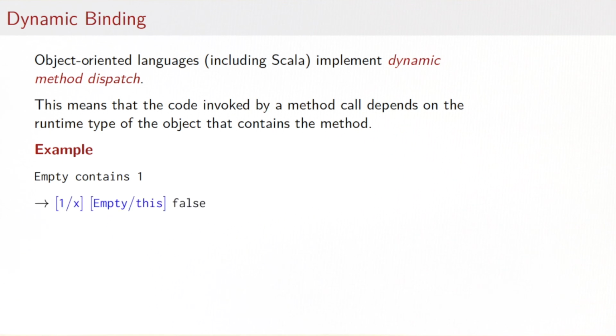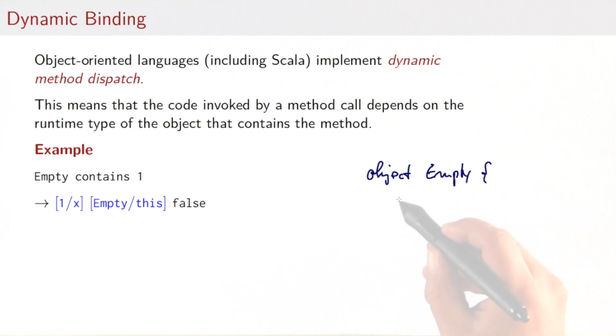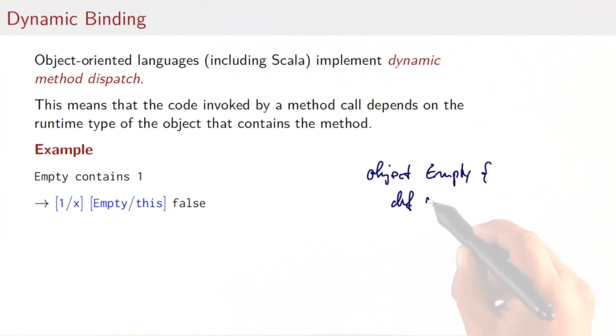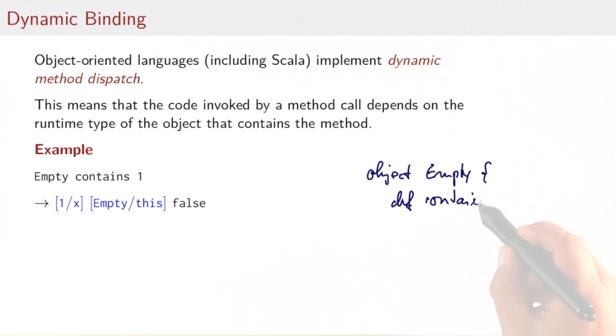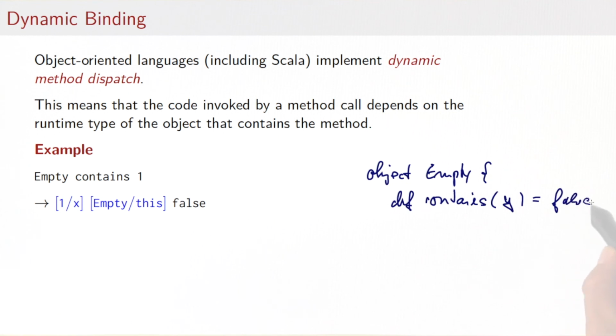Well, you look up the contains method in empty. Remember that was an object empty, and we had a def contains y equals false. That was its definition. So looking up that method and performing the necessary substitutions, we get false.